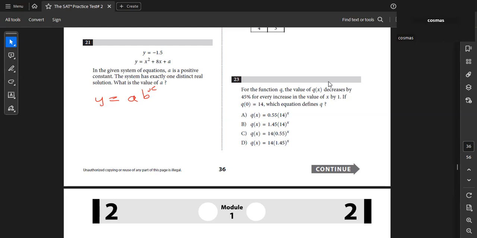To find the equation, you say y is equal to, and if x is 0, meaning initially before it started decreasing, that was the initial value, which is 14. Then you say open bracket 1 minus 45%, which is 0.45, and you remain with 0.55, and then the time is x.